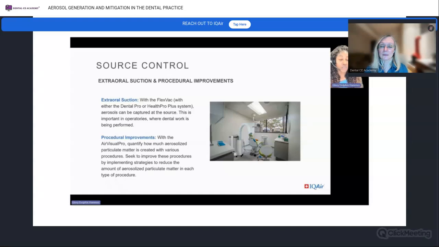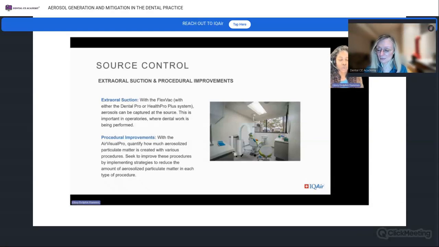You're able to see what would make the difference in some cases if you add water spray, if you add certain steps, and I'm sure that will be talked about in detail. These different steps can create quantifiable improvements in the air quality.